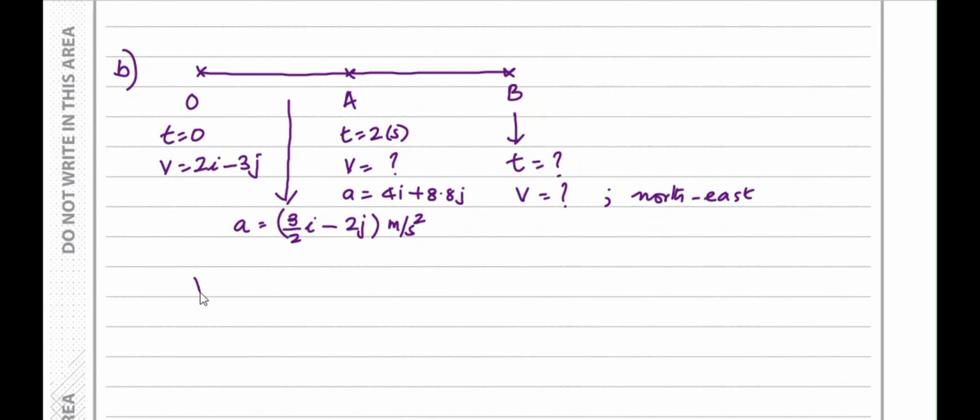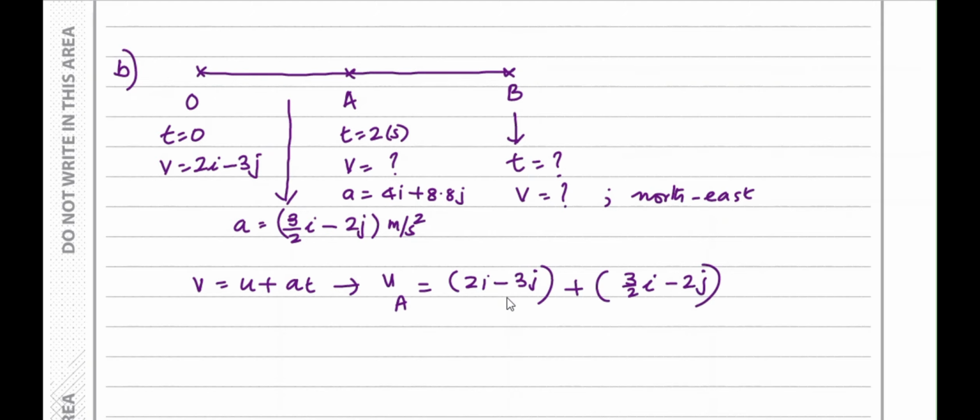So let's write v is equal to u plus at, that is, the velocity at A is equal to the starting velocity 2i minus 3j, time is 2. So I need to write u plus at. Acceleration is what? 3 over 2 i minus 2j times time is 2.